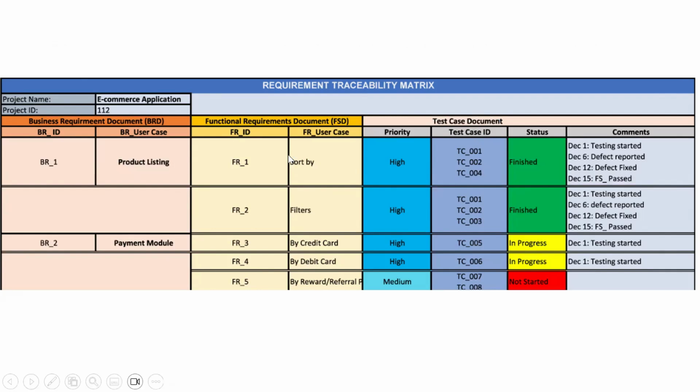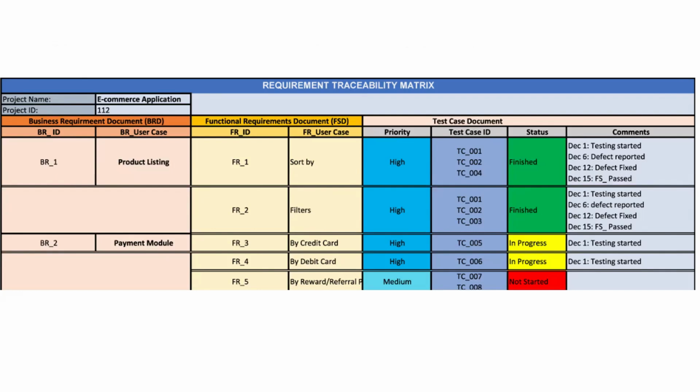Now you might have a question, what is business requirement? Business requirement means what needs to be done, what is the goal, and why it is important. Suppose it can give you the component name, or functionality name. That is called business requirement.